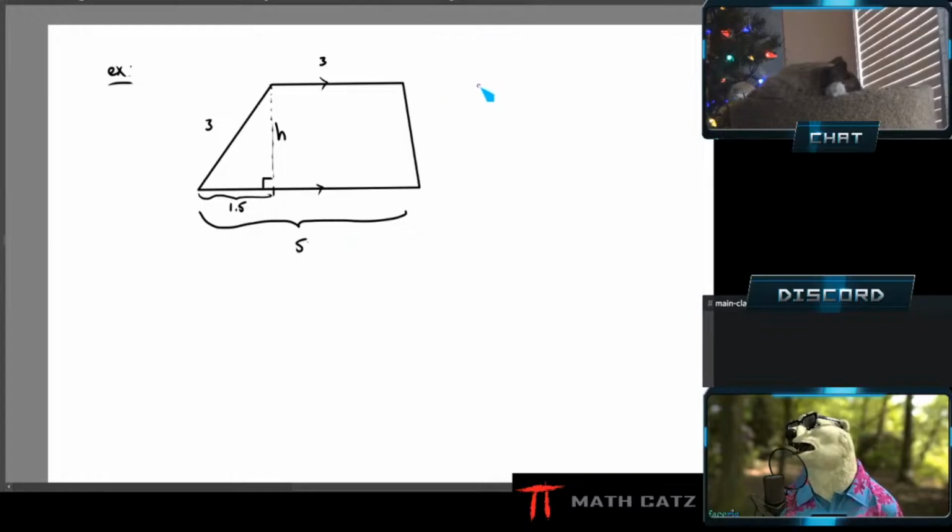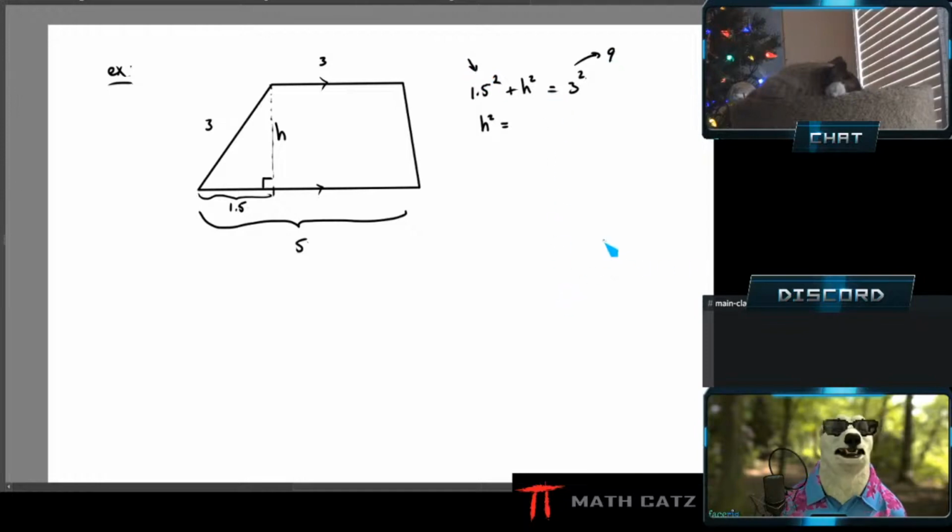To find the h first, which I need in my trapezoid formula, I know that the sum of the squares of the perpendicular sides in that triangle be the square of the hypotenuse. And then again, h squared is going to be, well, what is this? This is 9, 1.5 squared. Should I not know what that is? 225?